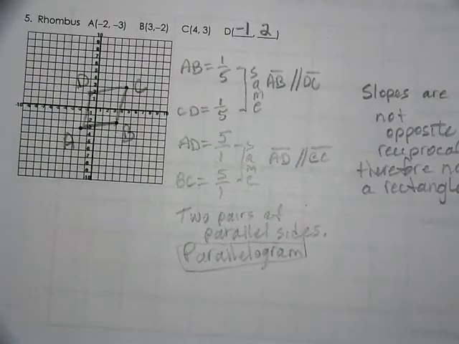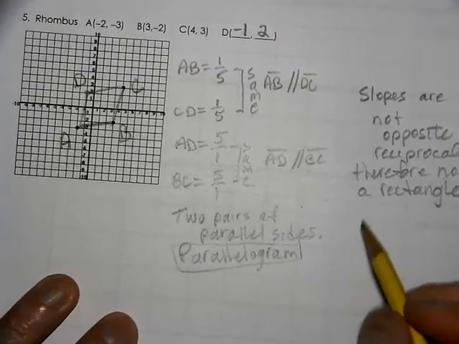So it's not a rectangle because the slopes are not opposite reciprocals. We should check out the consecutive sides. Because it's a parallelogram, we know the opposite sides are congruent, but we need to look at consecutive sides.